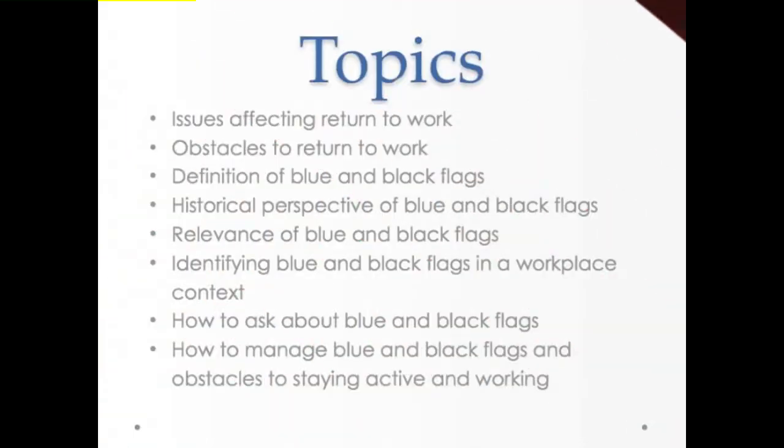The topics that we cover include issues affecting return to work, obstacles, definition of blue and black flags, something about the history of how they came about, their relevance, how to identify them in a workplace context, how to ask about blue and black flags, and how to manage them, and obstacles to staying active and working.